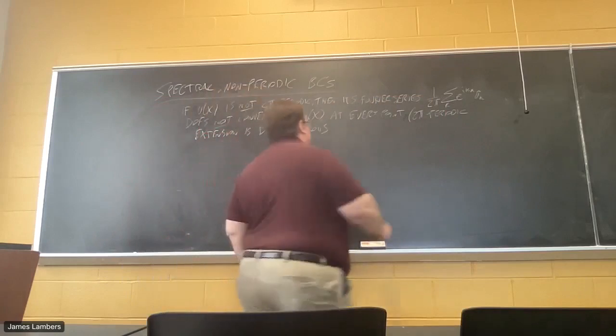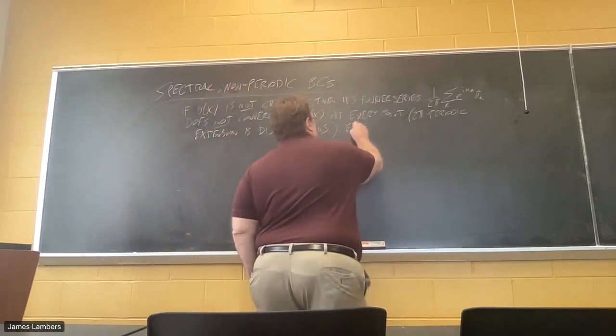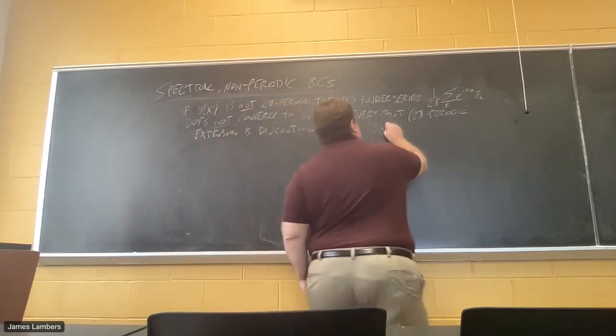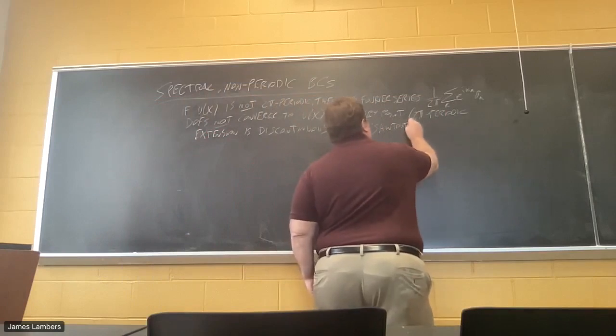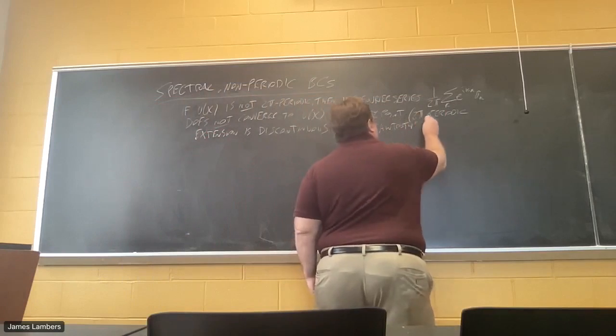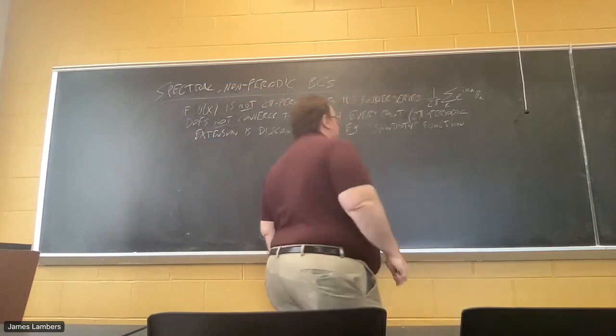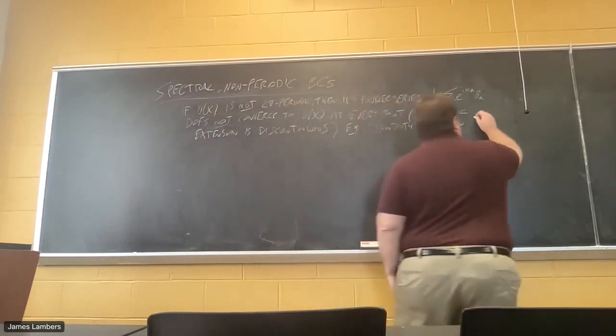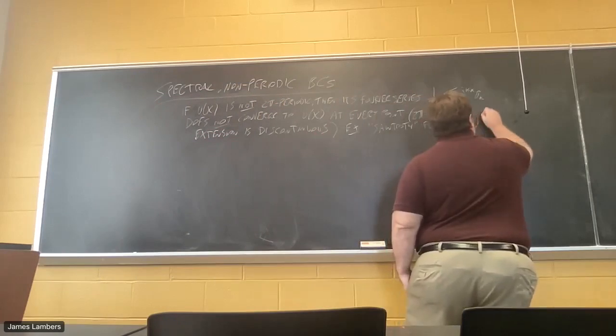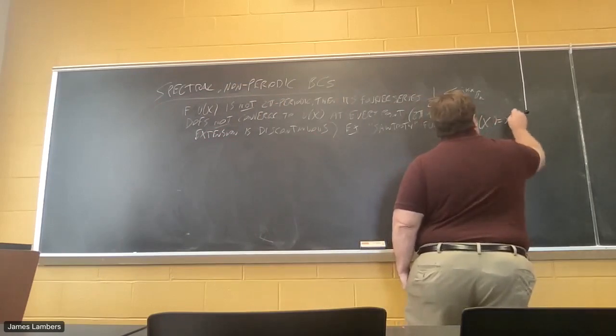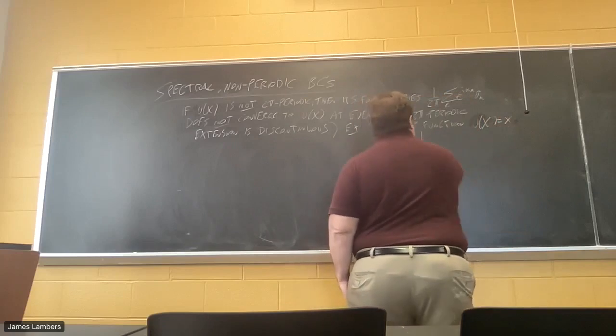So, as an example, a well-known function called the sawtooth function, which really is just coming from u of x equal x.